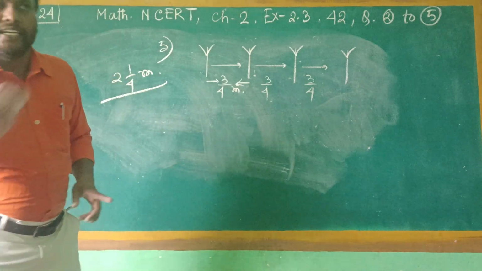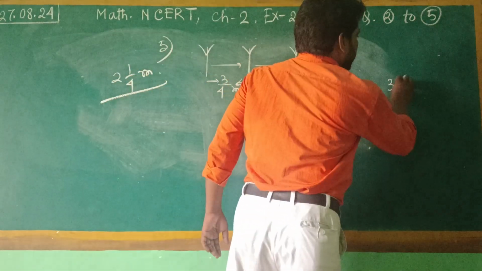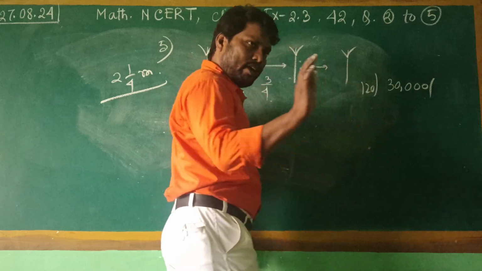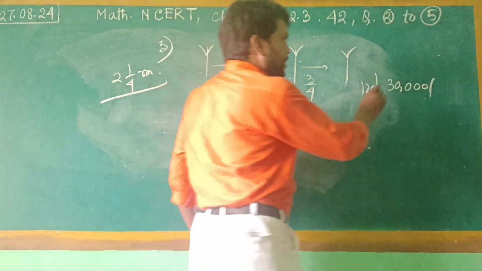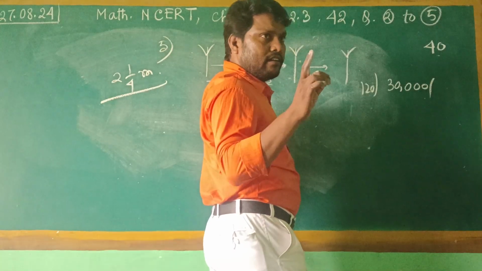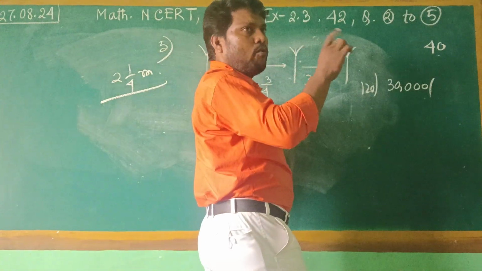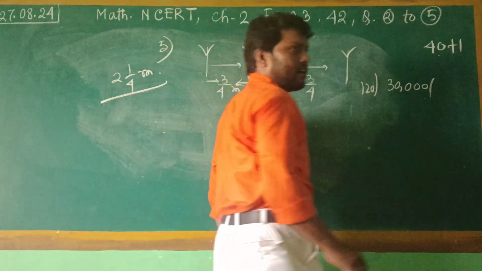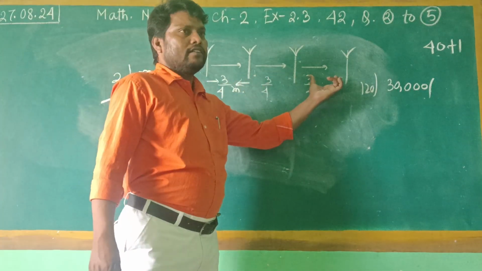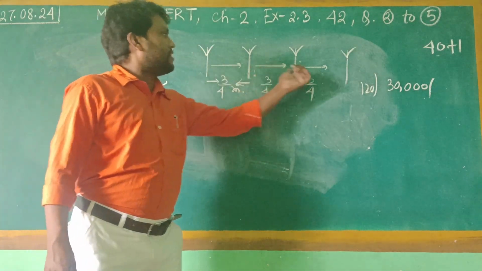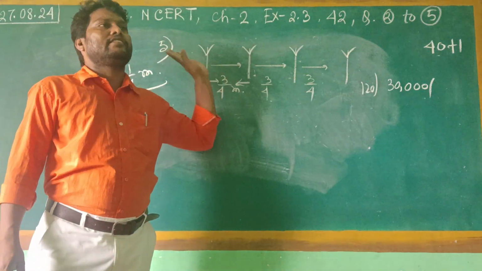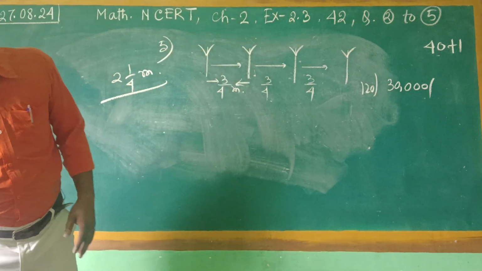You will divide 30 kilometers, that means 30,000 meters, by 150 or 120. You will get something. Suppose you get 40. But the poles needed will be plus 1. Why? How many distances? 1, 2, 3 distances. But saplings needed are 4. So there the answer is hidden. Okay? So you will solve.